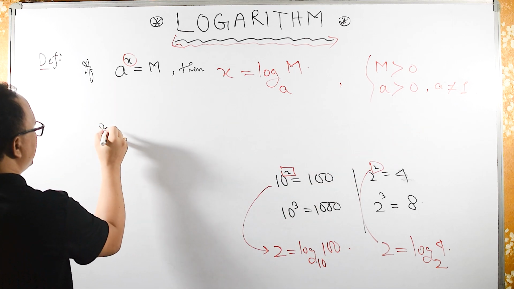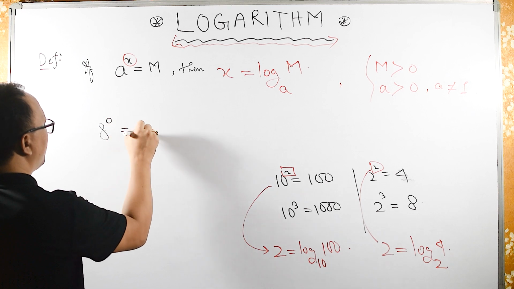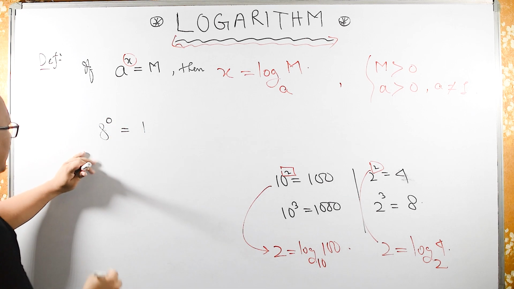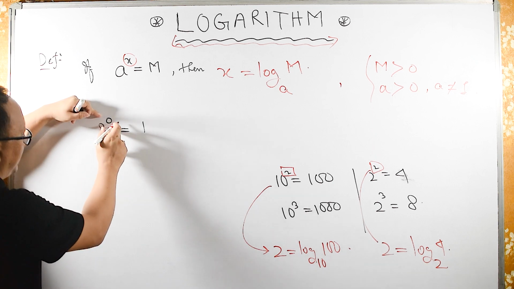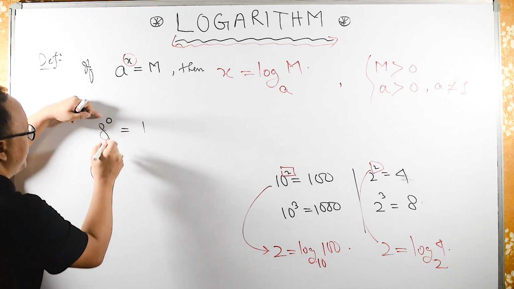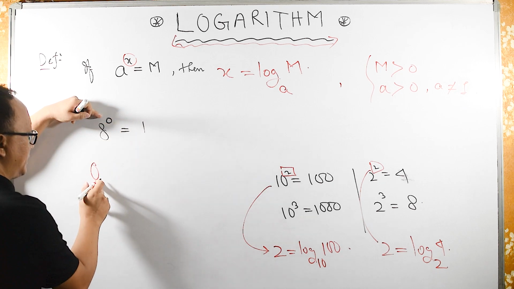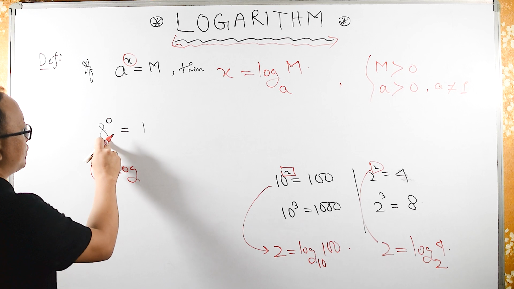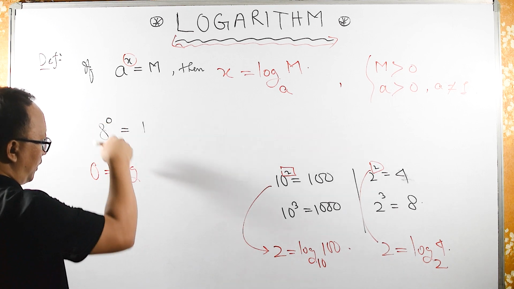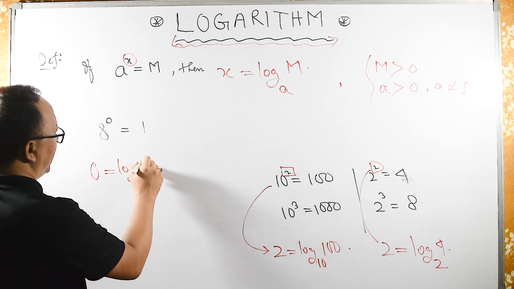Say for example, 8 raised to 0 is equal to 1. So let's convert this in terms of log. Therefore this 0, meaning those who have power have different seats, is equal to log of, and those who are sitting above their head will go down, means 8 will be over here, and then log 1.